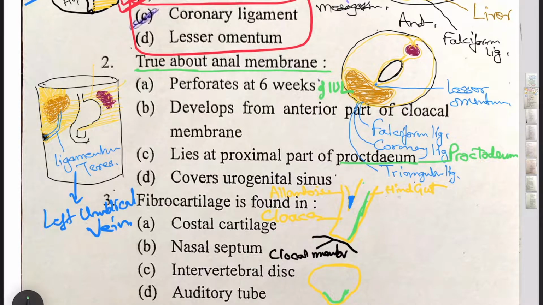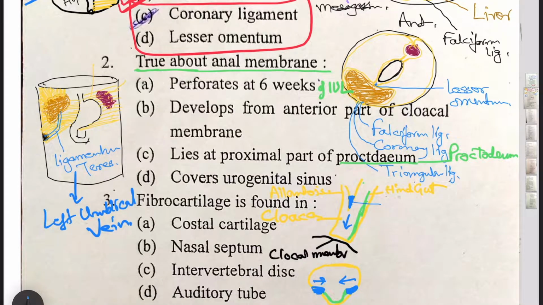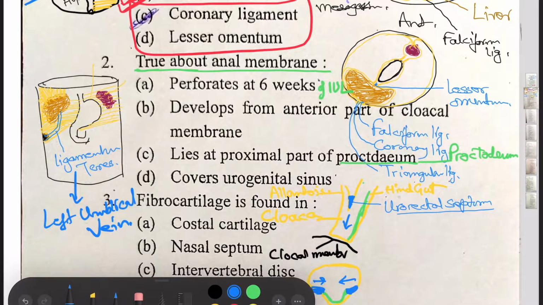Now look what happens. This blue color thing is the mesodermal tissue which collects here on the two sides and starts compressing this cloaca from the two sides, and also it settles down from above like this. So what happens later on is this is called uro-rectal septum. This uro-rectal septum will now descend down and will split this cloaca into two tubes.